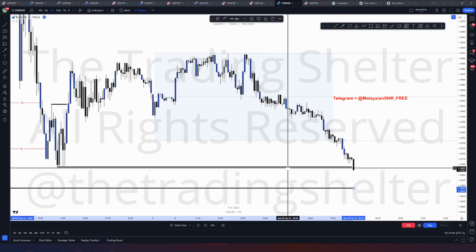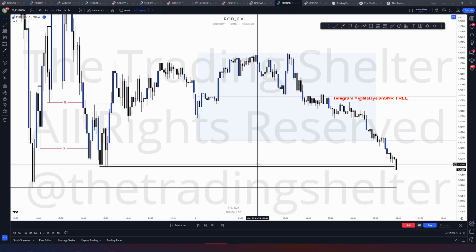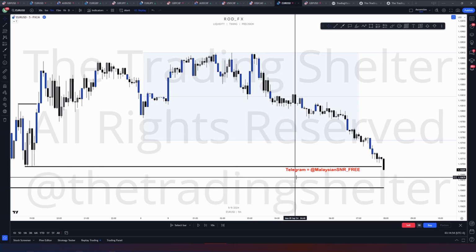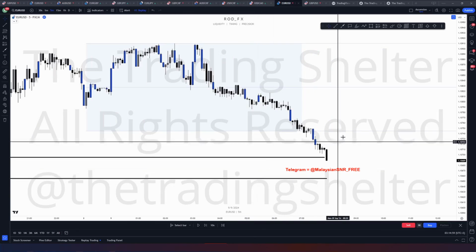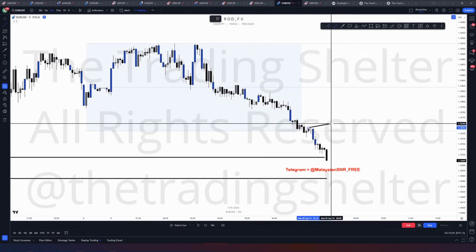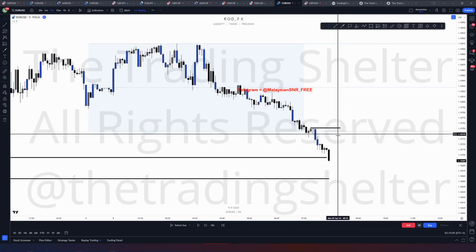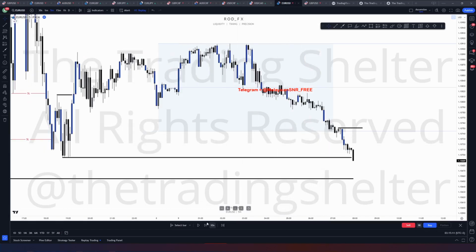So now your first goal should be to, okay, where is the most relevant point for us to see if you want to buy, right? This point seems not so relevant, but I would at least want this point to be broken to at least have an idea that price is trying to react from this liquidity.